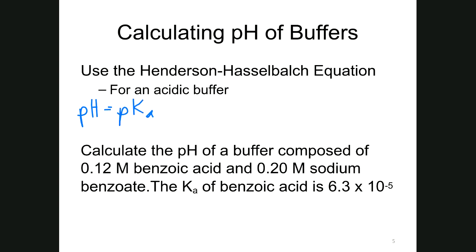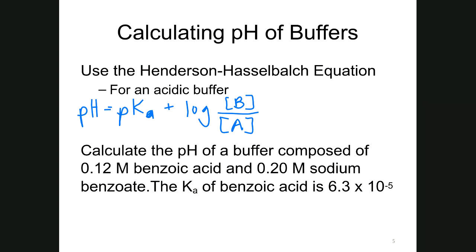Remember, Ka is the acid dissociation constant. P means the negative log of. And then plus the log of our base concentration, which I'm just going to call B for base, over our acid concentration, which I'm just calling A for acid.